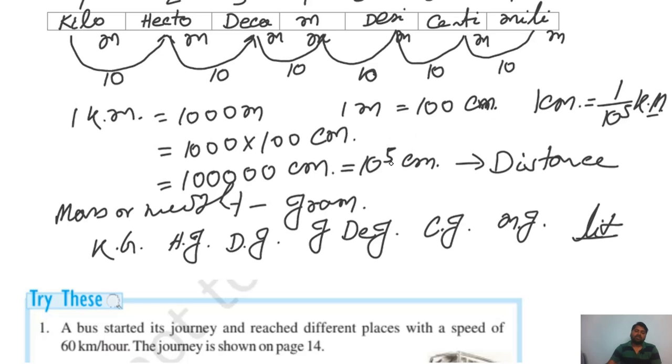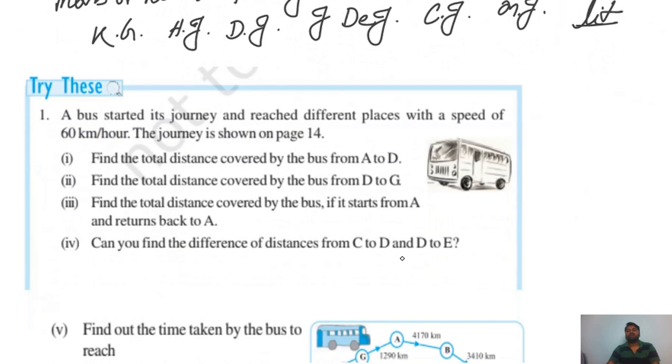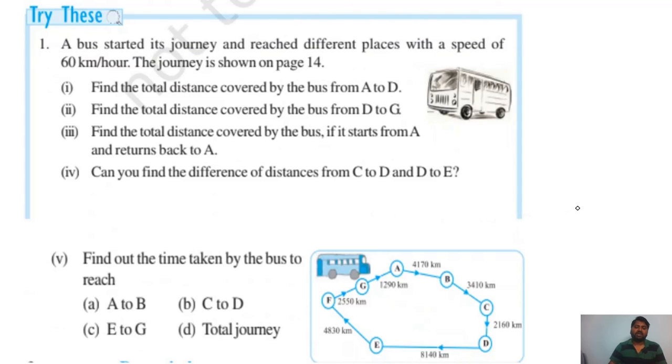Here we use an example and problem from your NCERT books: a bus started its journey and reached different places with a speed of 60 km per hour.